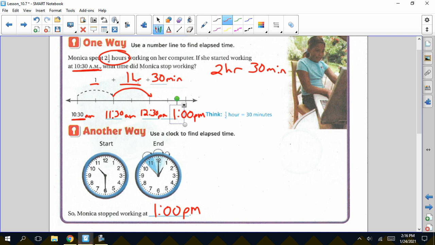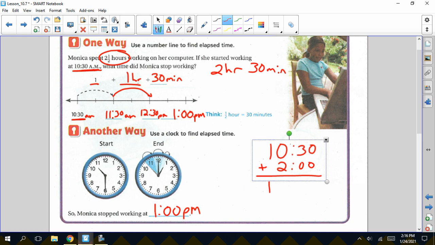So again, back to just looking at this. If you started at 10:30, you can use addition for this. 10:30, and we add 2 hours to that, we would be at 12:30. Then we would add 30 minutes.